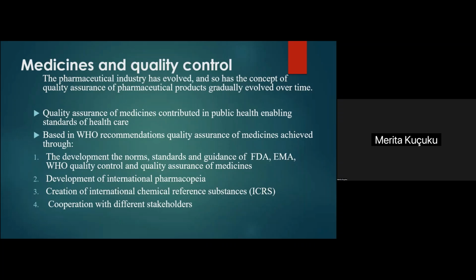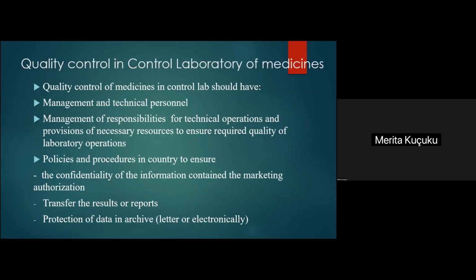Second, development of the international pharmacopoeia, and creation of international chemical reference substances, which should be used for comparing results of standards with other results of testing. Third, cooperation with different stakeholders.